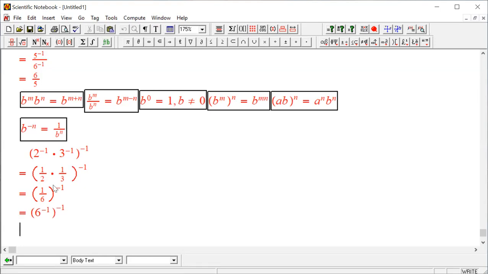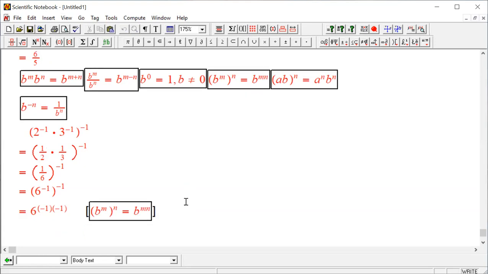Now you can multiply these two powers, 6 to the power of -1 times -1, applying this property. Of course we know that -1 times -1 is 1, so that equals 6.